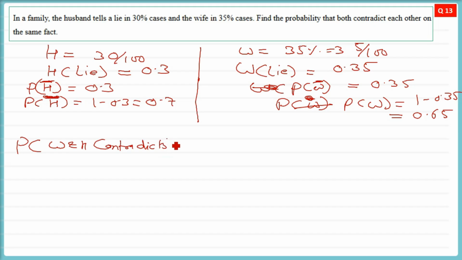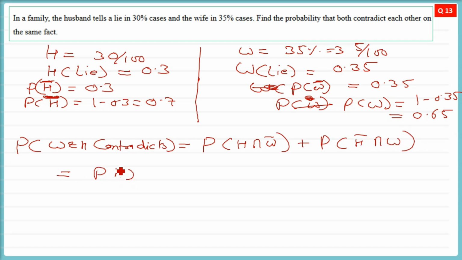Now, probability that both wife and husband contradict. That means if one says truth, the other has to speak a lie, and vice versa. So probability that husband is saying the truth and wife is lying, or in the second case, husband is lying and the wife is speaking the truth. Since these are independent events, we can write it as PH multiplied by PW bar, plus PH bar multiplied by PW.